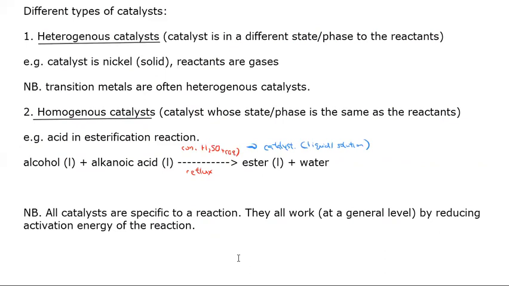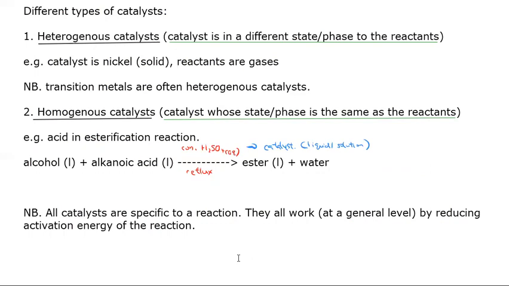So the catalysts are quite simple. They're split into two types. One's basically called heterogeneous and one's called homogeneous. And you know these words from 2 terms ago at this point. Here in this context, we're basically saying, are they in a different state to the reactants or in the same state to the reactants? Does that make sense?